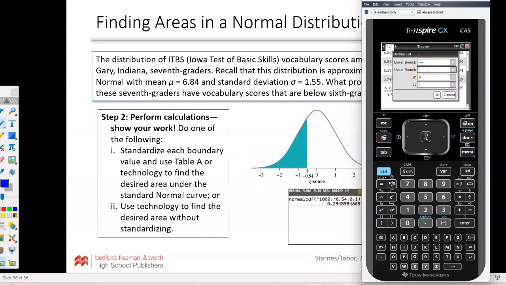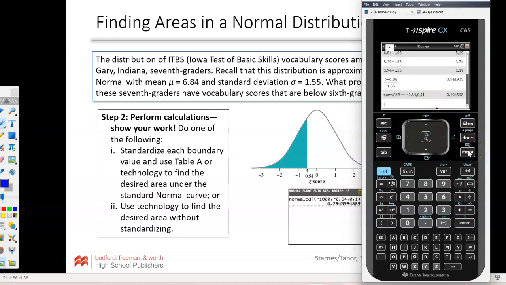The upper bound is negative 0.54. And we're going to leave the default of 0 and 1 because this is a z-score. So when you use a z-score, just leave the default at 0 and 1 and say OK. And the actual area under the curve there is 29.45%, right? 0.2945.